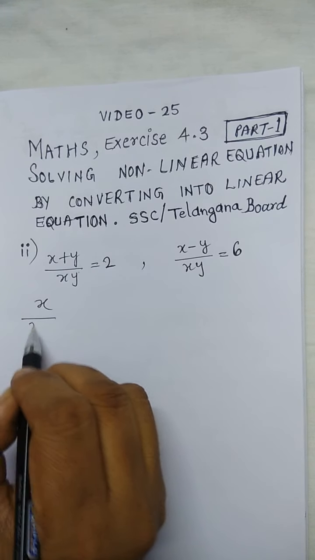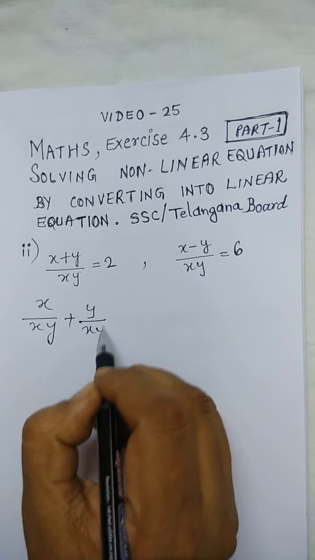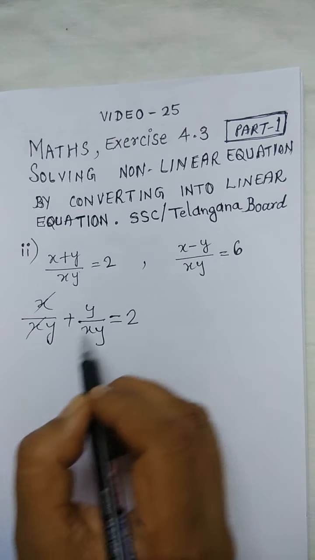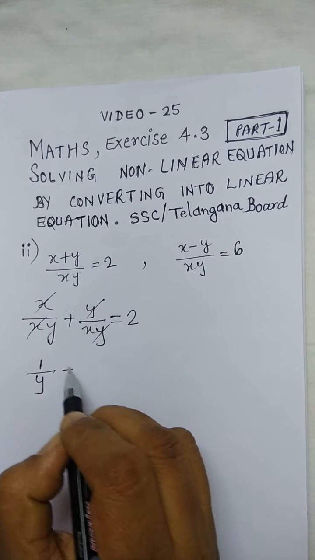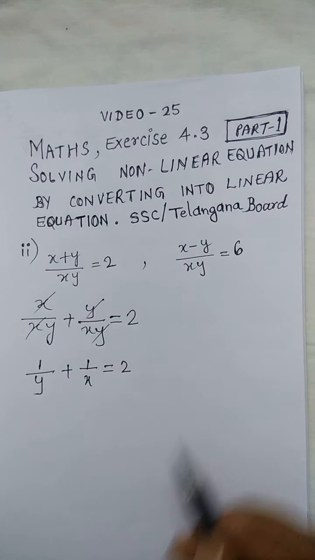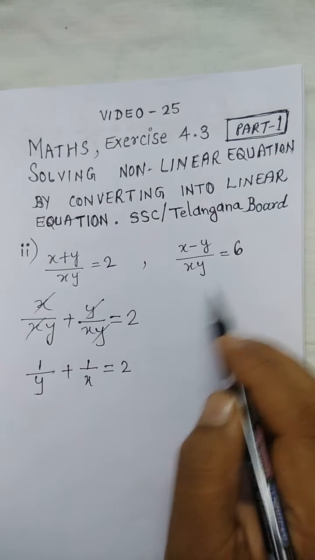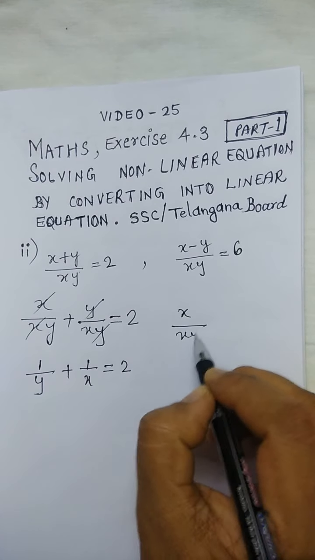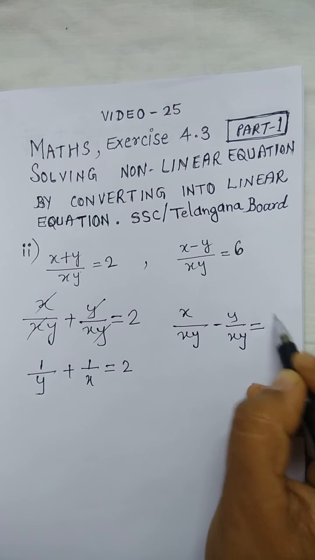x upon xy plus y upon xy gives you 2. Here x cancels, y cancels, so you will get 1 by y plus 1 by x equals 2. Similarly, we have to perform this operation with the second equation also. x upon xy minus y upon xy equals 6.